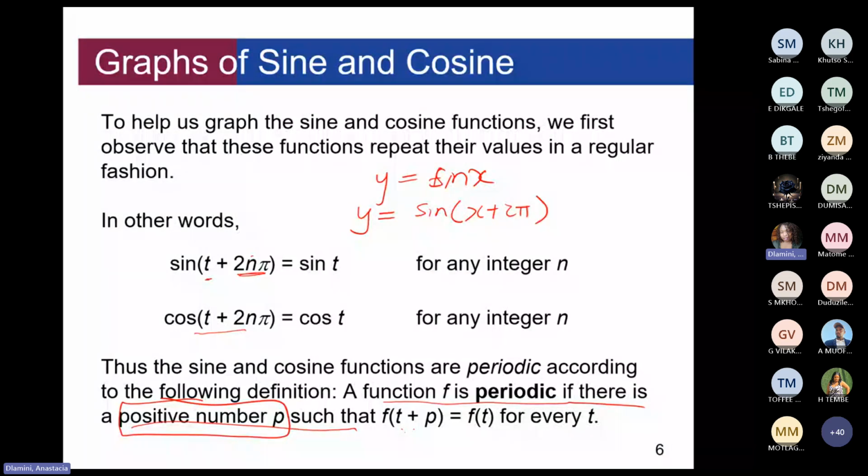Yes. If I can get the original function with that positive number, then we're saying this function is periodic with a value of p. So its period is p. That's what they're saying.